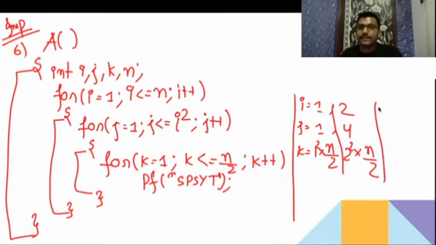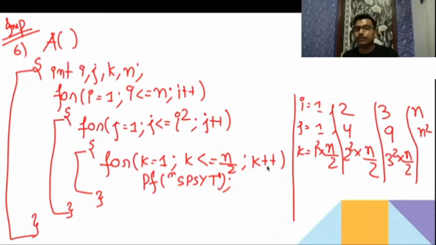When i is equal to 3, it is 3 square into n by 2. Similarly, the i loop is going to run n times. When the i value is n, the j loop is going to run n square times, and for every value of j, the k loop is going to execute n by 2 times. So it is n square into n by 2.